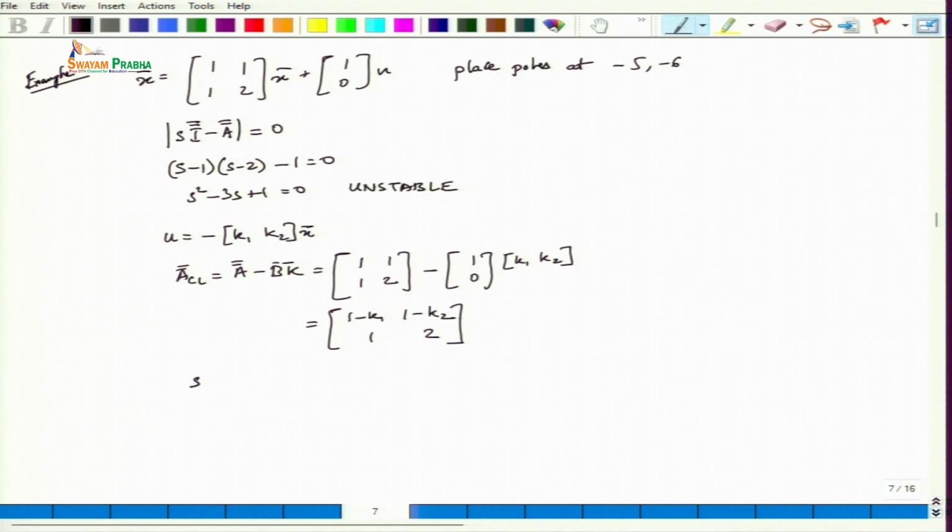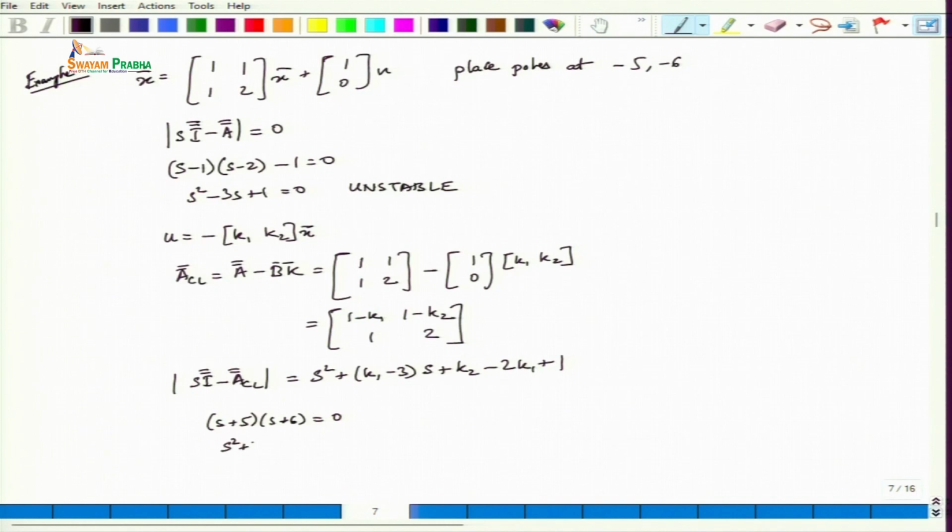So now if we formulate the closed loop system, we will get s square plus (k1 minus 3) into s plus k2 minus 2k1 plus 1. Now if we want to place our poles at minus 5 and minus 6, the desired characteristic equation will be of the form (s plus 5) into (s plus 6) is equal to 0.